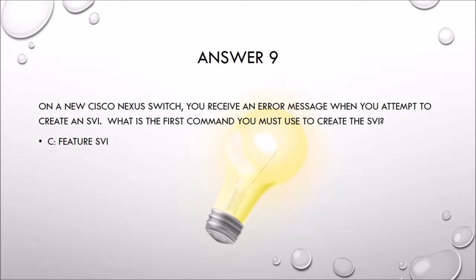And the answer is C, feature SVI. Most of the features on a Nexus switch are modular, meaning you can turn the individual features on or off. Now, SVI creation is another one of those modular features. So you must first enable SVI before you can create one.